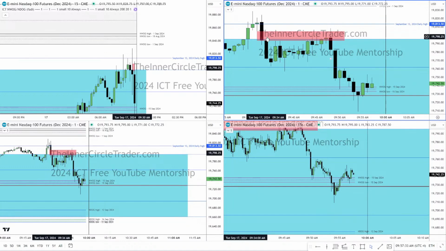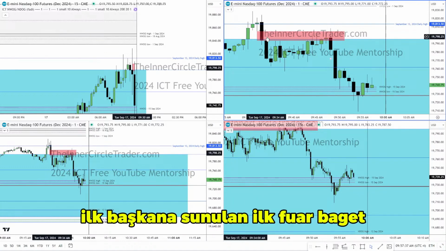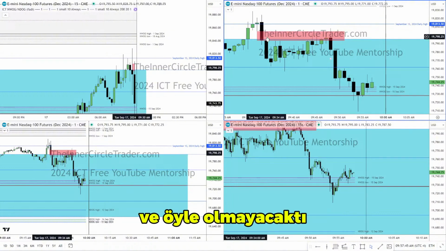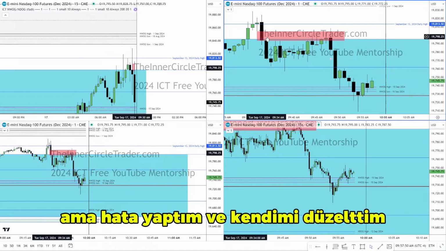So it's fine that I made the mistake of calling it the initial fair value gap or first presented fair value gap, but it doesn't change anything.